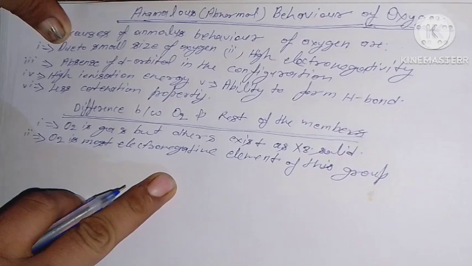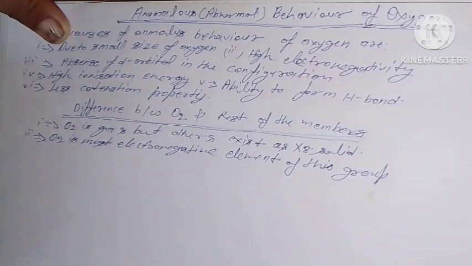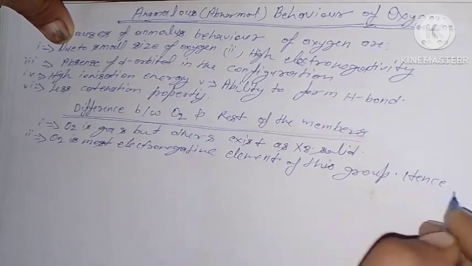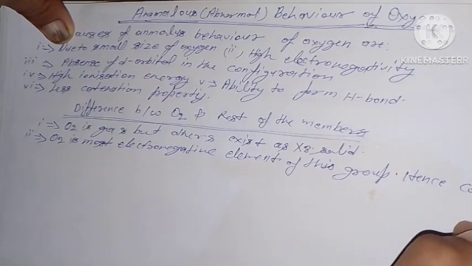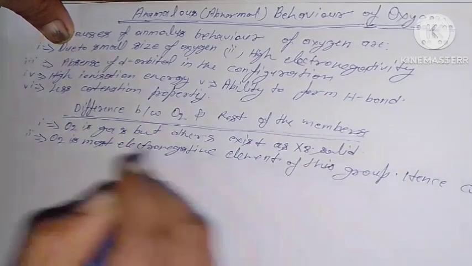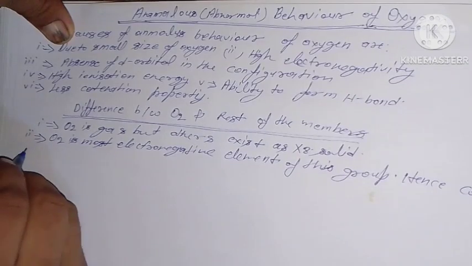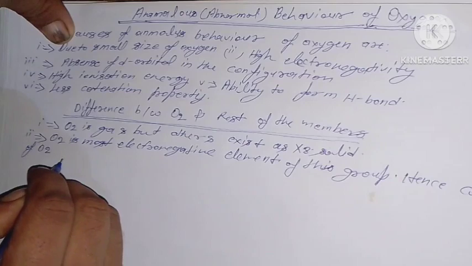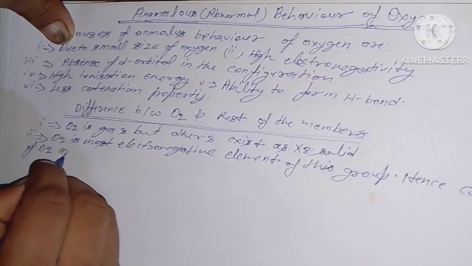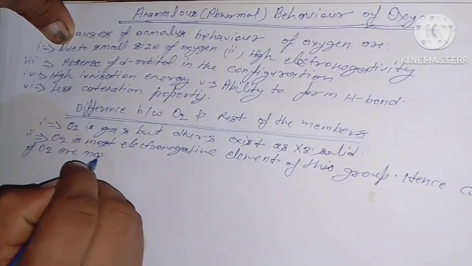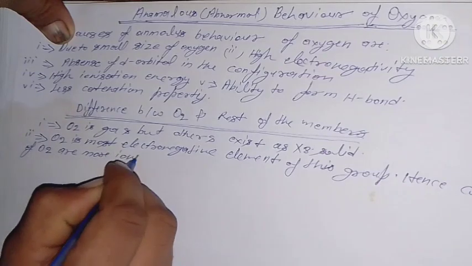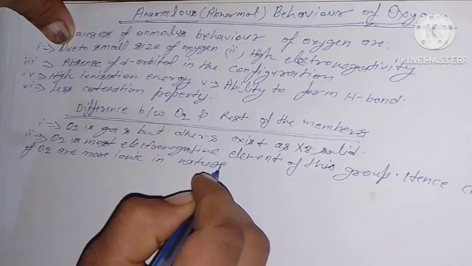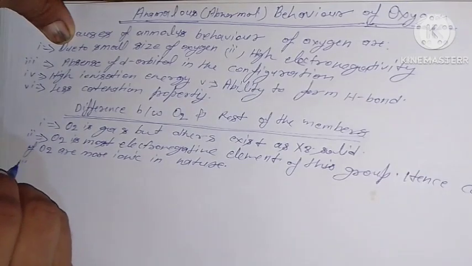Hence, compounds of oxygen are more ionic in nature. Okay. Third point.